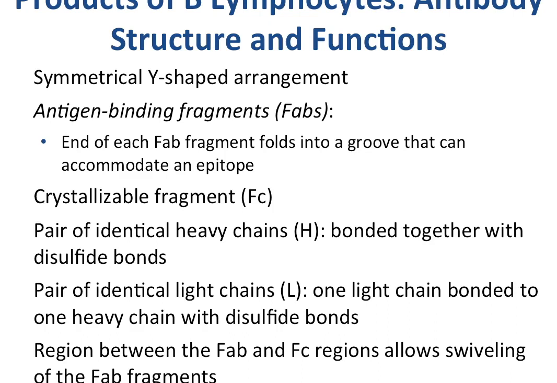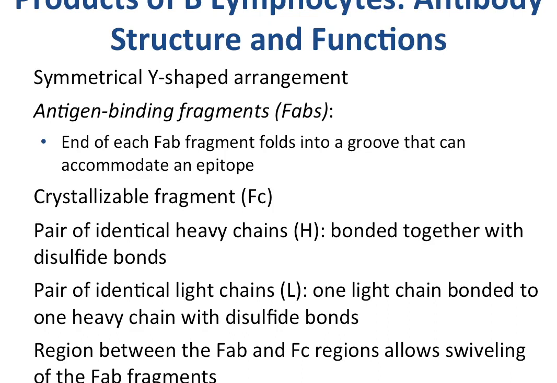Antibodies have the antigen binding fragment, and then the antibody has the crystallizable fragment. That's a pair of identical heavy chains bound together with disulfide bonds, also a pair of identical light chains. There's one light chain bound to one heavy chain with disulfide bonds.